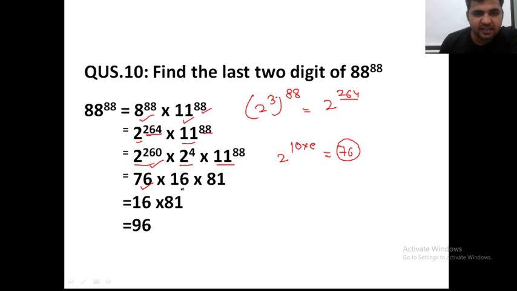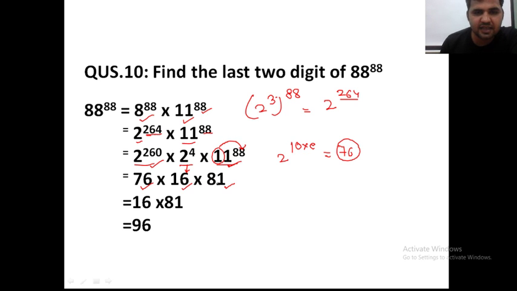And 2 power 4 is 16, so this part will give you 16 as its last two digits. And here you can use rule number 3 because this contains the unit digit as 1. So there will be 1 as its unit digit, and the tens place digit would be the multiplication of the tens place digit of this number with the unit digit of the power.